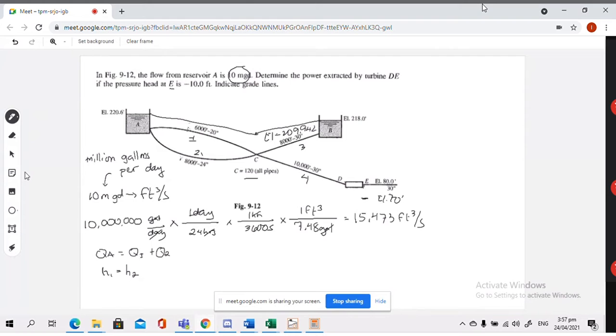So the direction of the flow is like this. Why? Look at the slope here. The slope of this grade line goes downward, meaning your flow is towards C. The slope here at B also goes downward, so the flow is also downward.